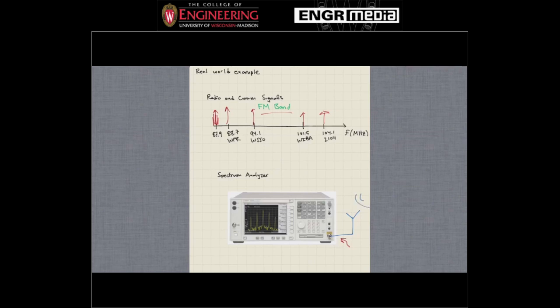A signal would come in, and that signal would likely be represented well by a sum of sinusoids. Then you'd see something on the screen that tells you the frequency and the amount of energy at each particular frequency, which is what is showing on the screen of the spectrum analyzer right now. Each one of these peaks corresponds to a different signal at a different frequency, and there's a bunch of energy at those frequencies.